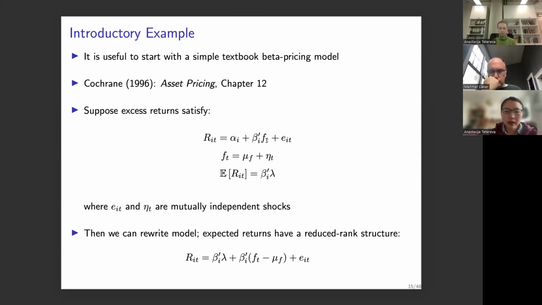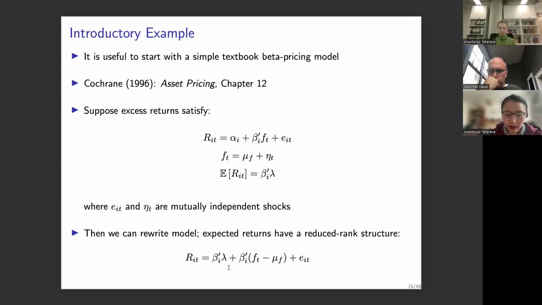This is a very reduced form model, and depending on what factor you choose, the alphas and betas need to follow specific reduced form structures. In particular, if you choose F as an axis return, alpha tends to be 0. And if you choose other factors, there is some specific form of alphas that should be given.